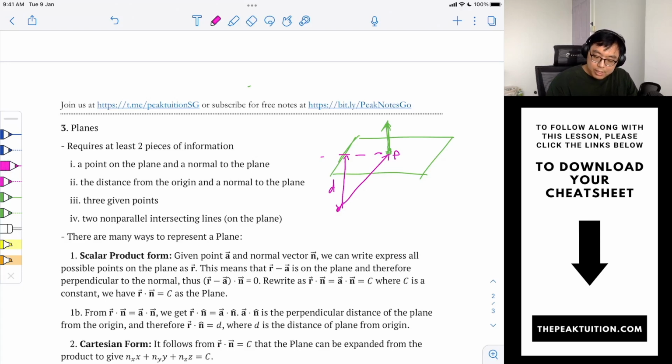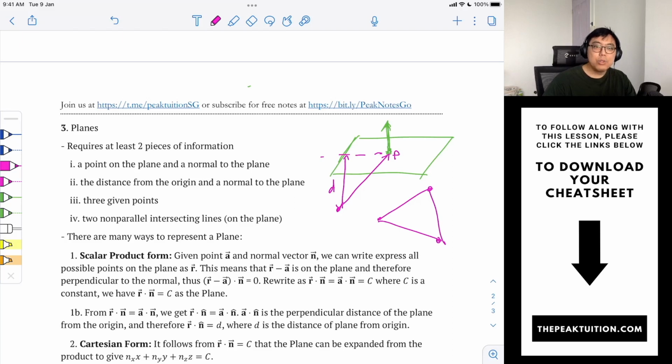Okay. Next is three given points on the plane. Three given points on the plane will naturally be able to form a surface unless they are collinear. So three given points must not be collinear. And this will uniquely give you a plane.